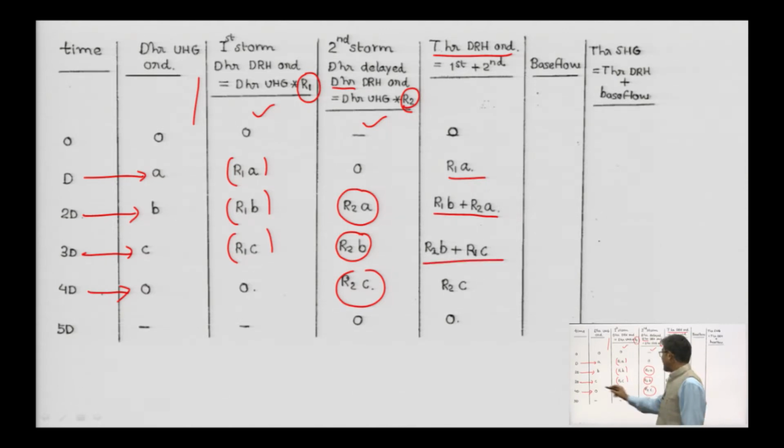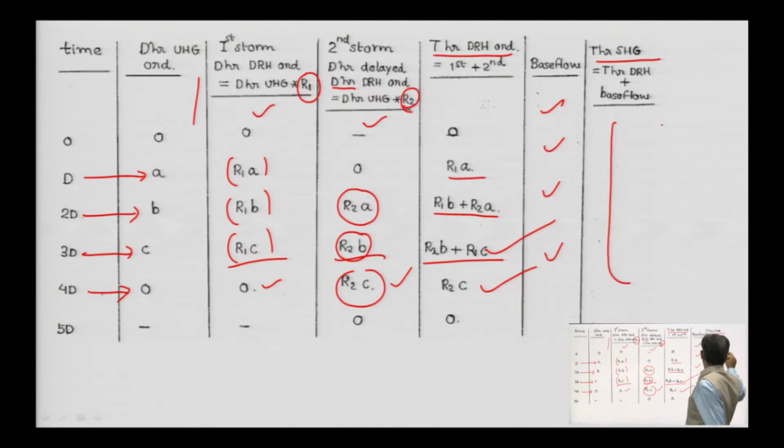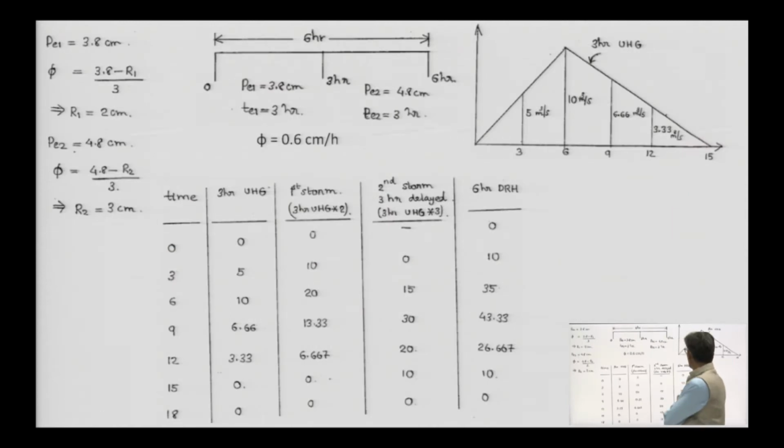Similarly, at 3D it will be R1C plus R2B. At 4D it is 0 plus R2C. If the base flow is given to us, then the TR-SSG can be calculated. So, this is the procedure to get the TR-SSG for a non-uniform storm. Let us take one example.